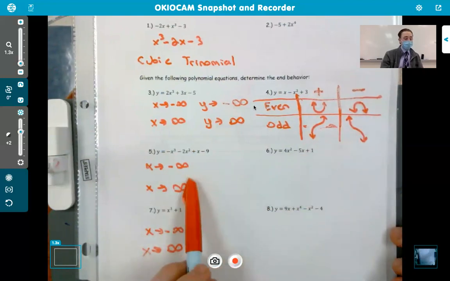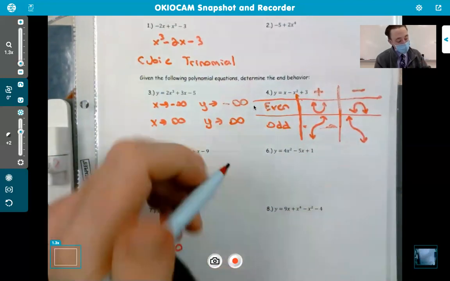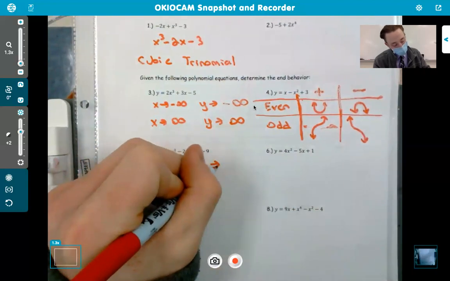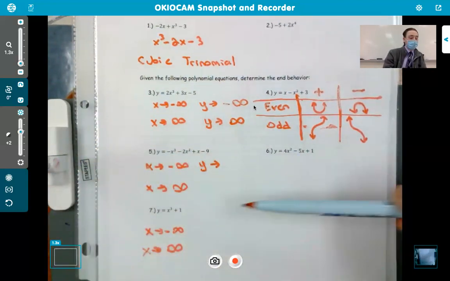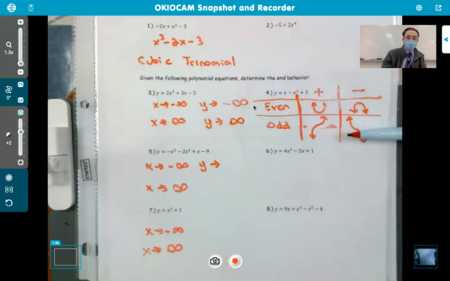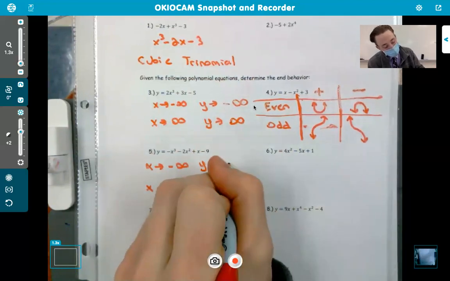Well, as my graph is approaching negative infinity, so let's do it in order this time. So it's going to the left. What is my graph doing? Is it increasing or decreasing? Increasing, so it's going towards positive infinity or negative infinity? Positive, good.